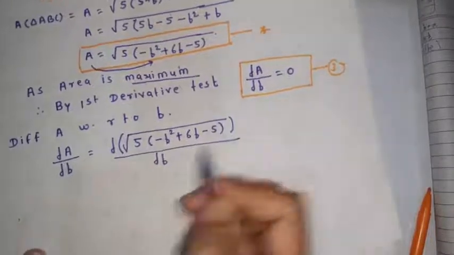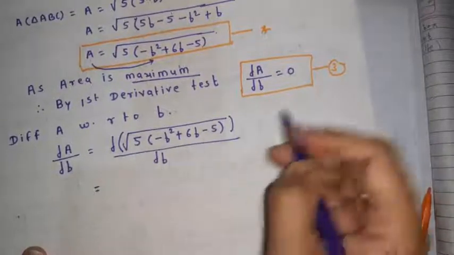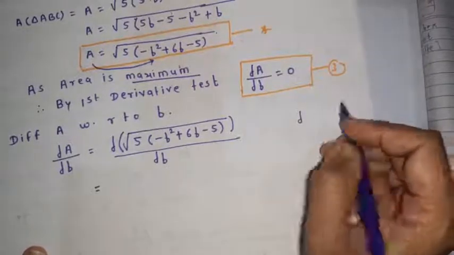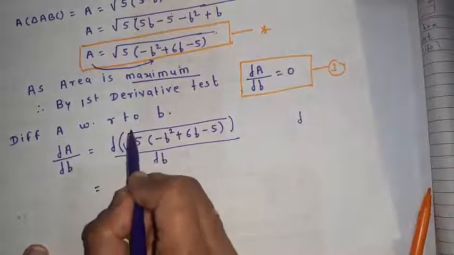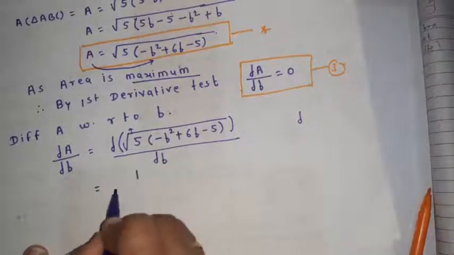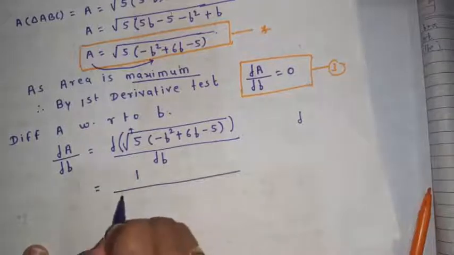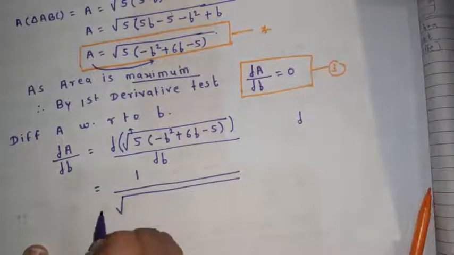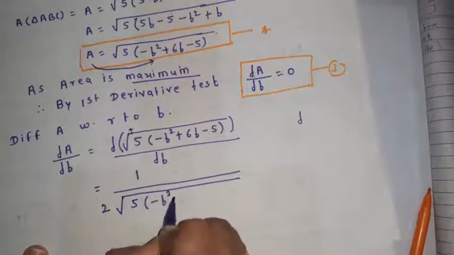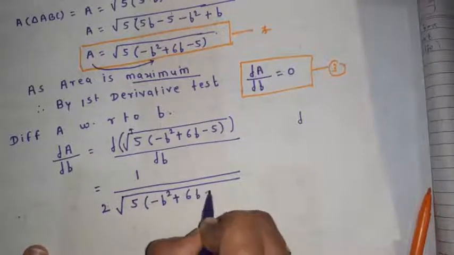Okay students, you know the differentiation of square root of x is 1 upon 2 root x. So here the outermost function is the square root. We have to differentiate according to the square root function. Therefore 1 upon 2 root 5 into minus b square plus 6b minus 5.